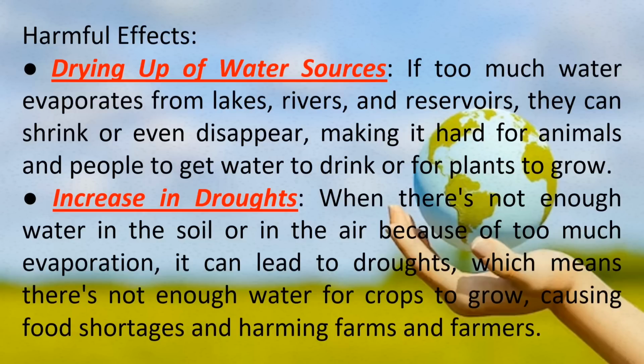Next is increase in droughts. When there's not enough water in the soil or in the air because of too much evaporation, it can lead to droughts, which means there's not enough water for crops to grow, causing food shortages and harming farms and farmers. So, parang tumataas yung incidence ng tagtuyot. Diba?